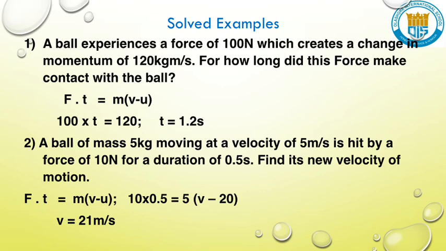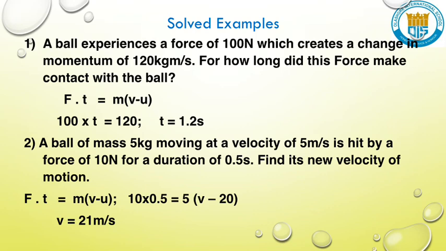The second question here is about a ball of mass 5 kilograms moving at a velocity of 5 meters per second. This ball is hit by a force of 10 newtons for a duration of 0.5 seconds. Find its new velocity of motion. Here, we are looking for v. Find its new velocity. We had a former velocity, an initial velocity u, which was 5 meters per second.